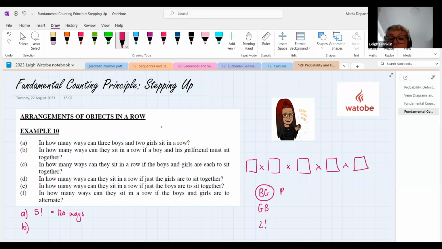So there are 2 boys remaining and 1 girl. Then we treat each of them as their own object with which we can alternate the boy-girl combination. So that's why we would say 4 factorial ways they can sit with everybody else. So this is 2 factorial by 4 factorial.